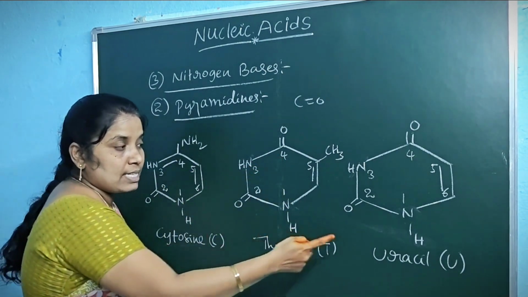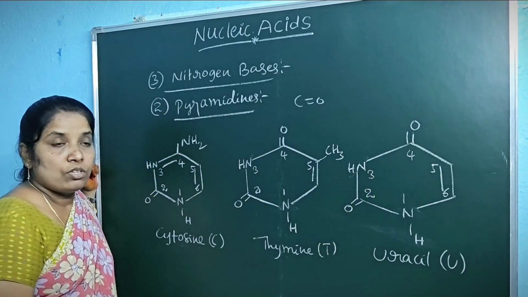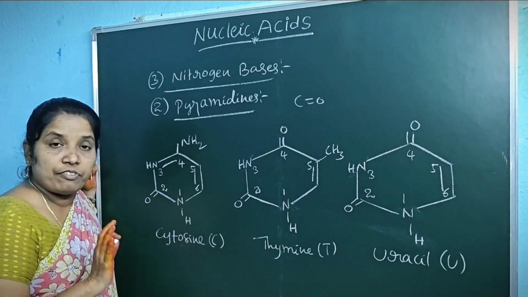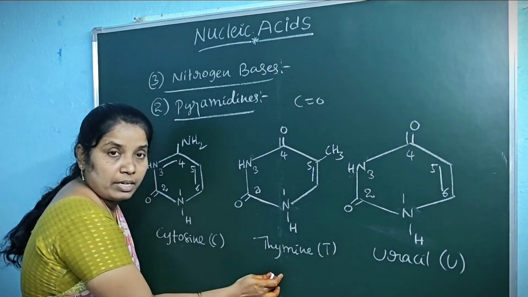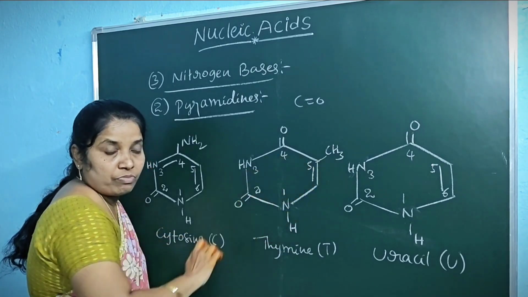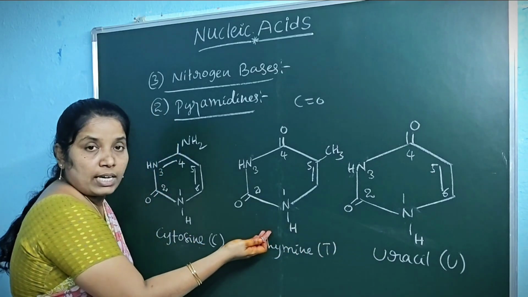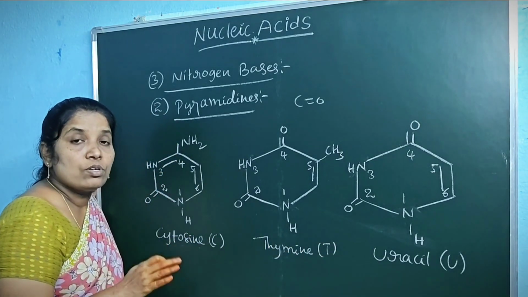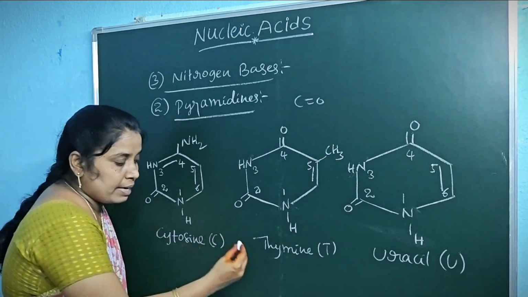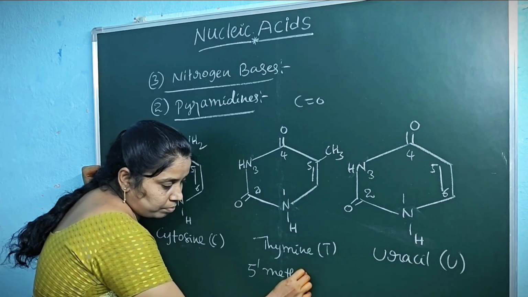Uracil consists of a keto group at the fourth position. The only difference between uracil and thymine is that the fifth carbon consists of a methyl group. Okay, that's why thymine is also called 5-methyl uracil.